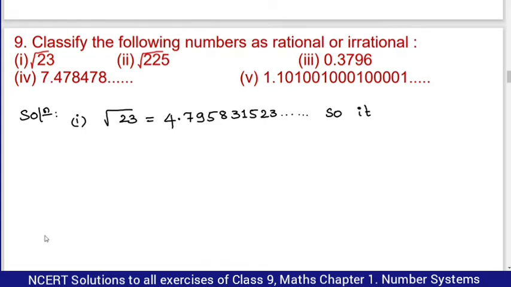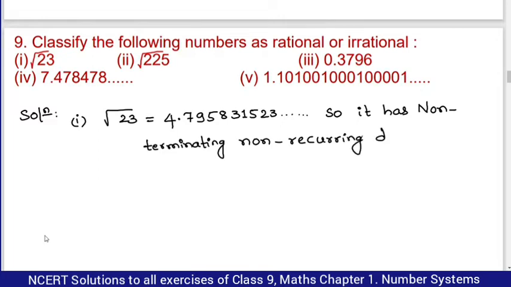So it has non-terminating, non-recurring decimal expansion. Square root of 23 is non-terminating and non-recurring decimal expansion.